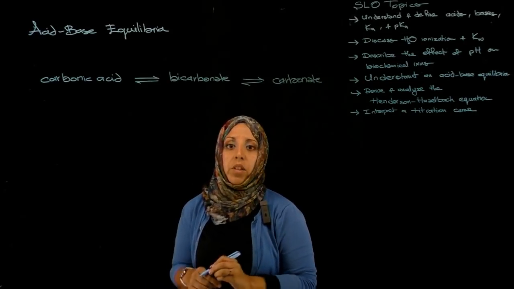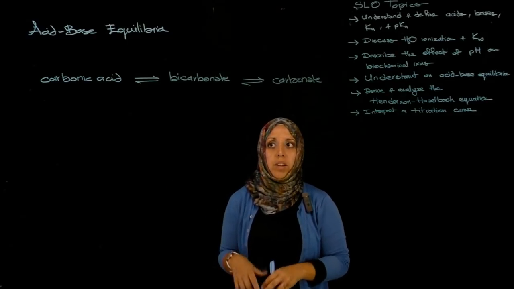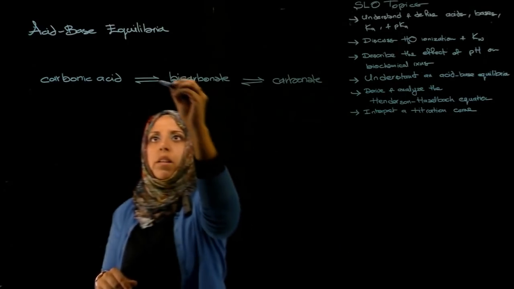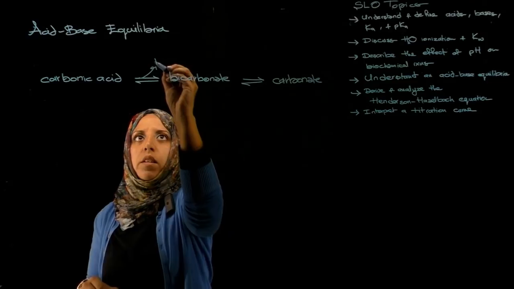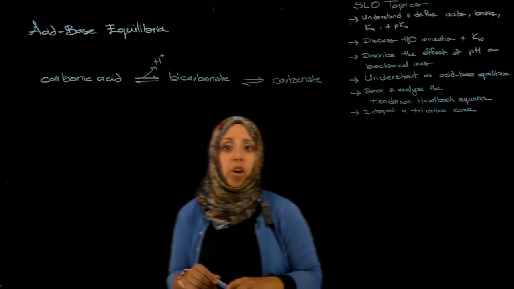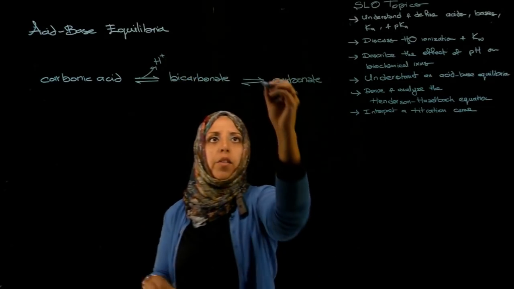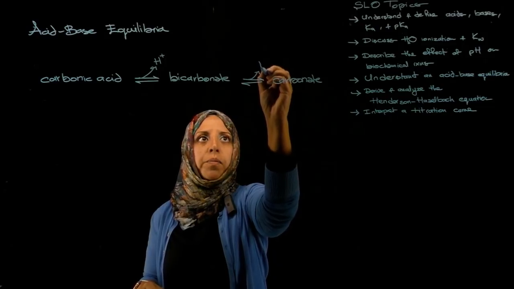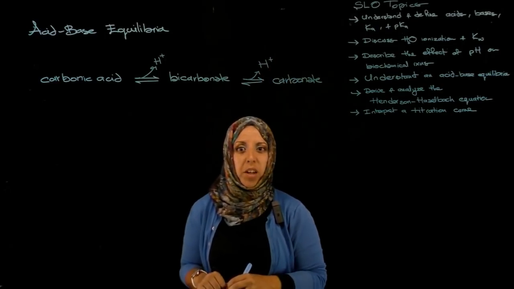All right, so let's consider carbonic acid. Carbonic acid loses one proton. One proton is gone. It becomes bicarbonate, and then it loses yet another proton to become carbonate. So let's write it out.